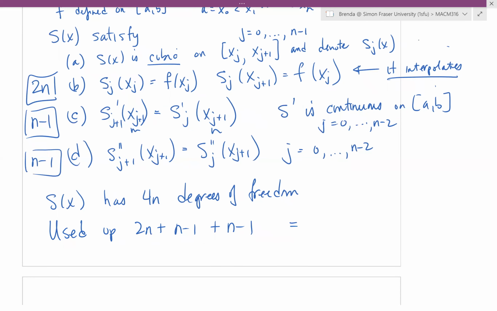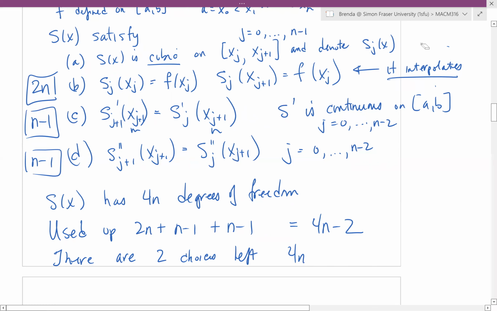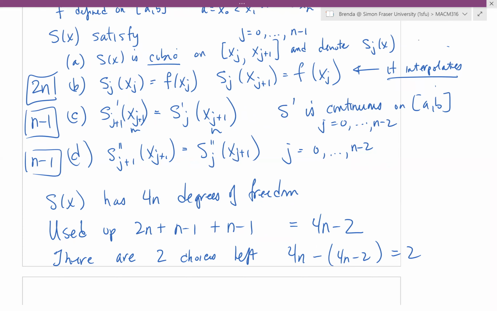That is 4n minus 2. So we have 2 more choices left. 4n minus (4n minus 2) is 2. So we have several choices on what to do with the remaining 2 degrees of freedom.